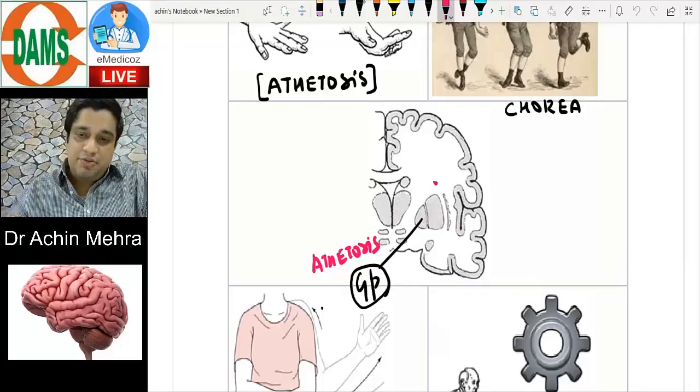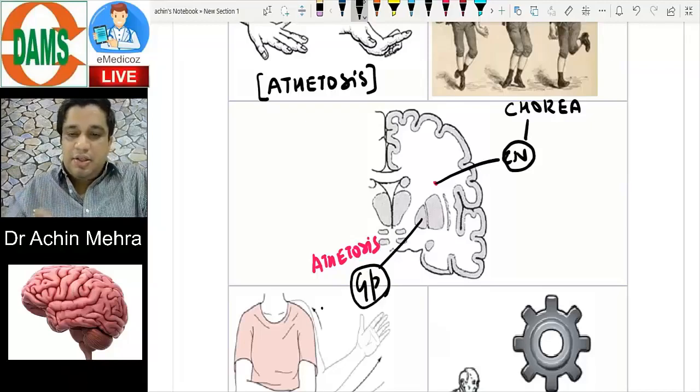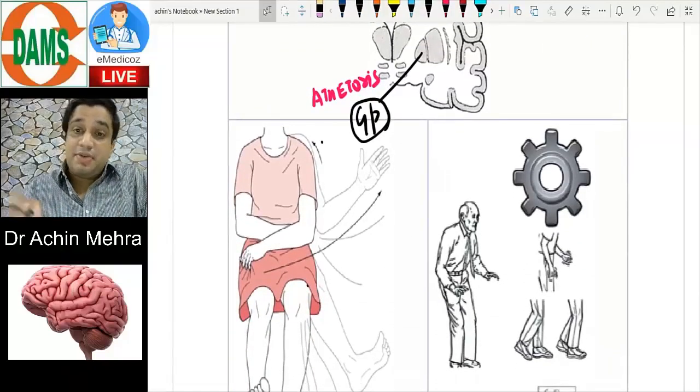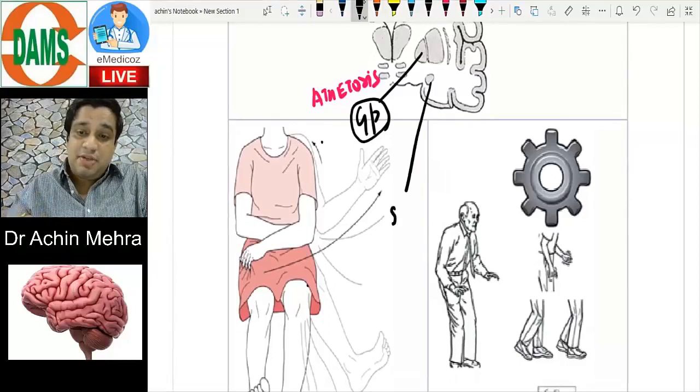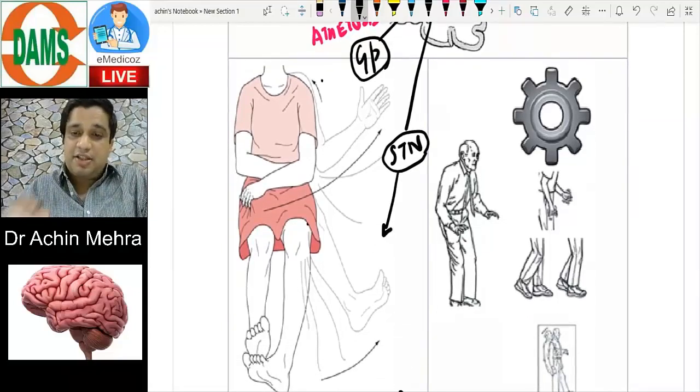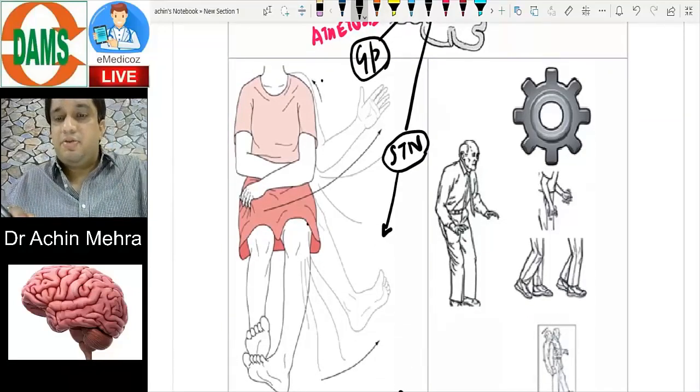And hemiballismus occurs due to a lesion where? Subthalamic nucleus. Whenever there is a lesion in the subthalamic nucleus, on the contralateral side of the body we are going to find the hemiballismic movement.